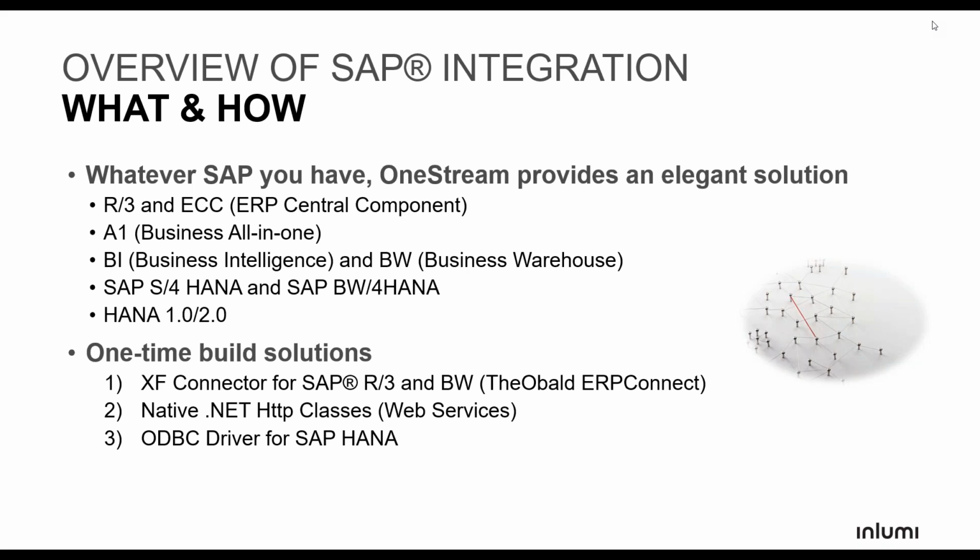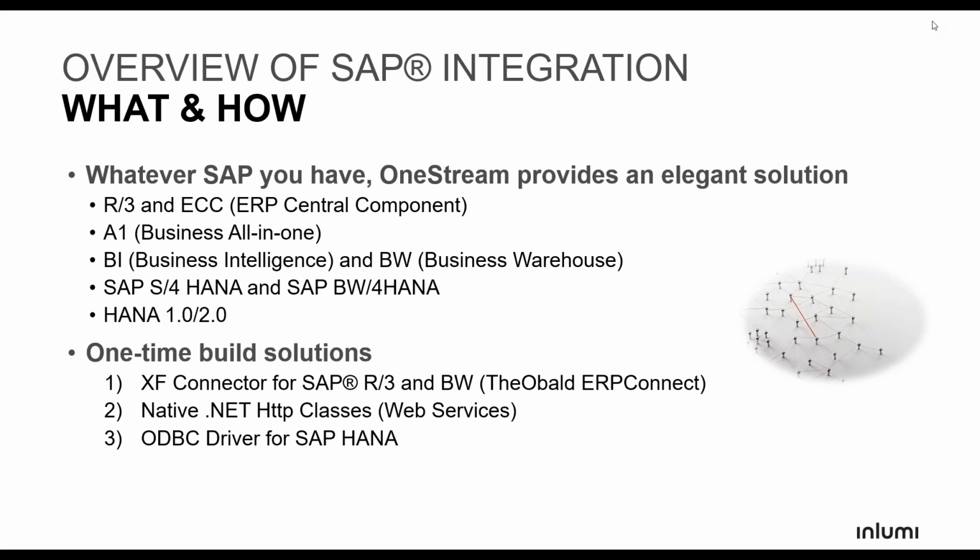And actually, it's an elegant solution to integrate with source systems, because we can use web services, or we can use the bundled connector that OneStream has. There is an SAP connector delivered with any OneStream solution.